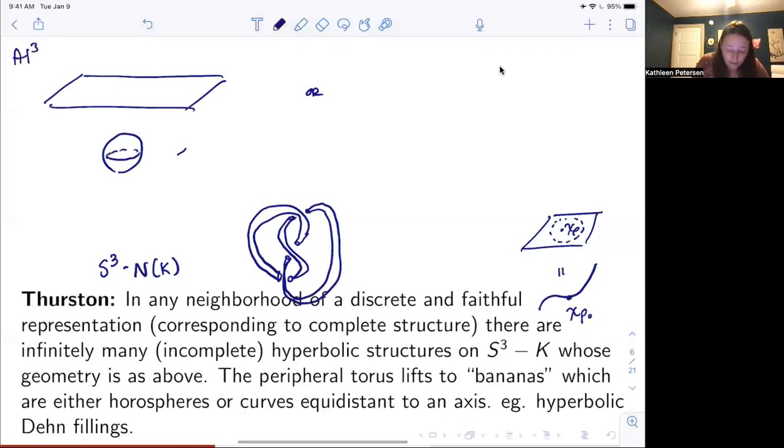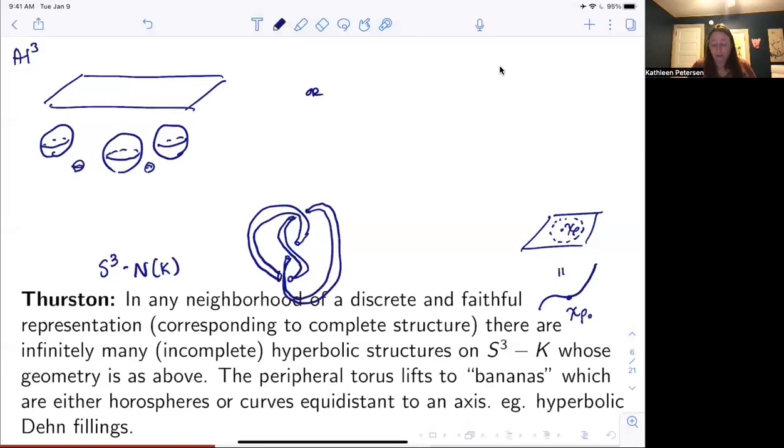And these all lift to other horospheres. So something very vaguely like that. And there are other representations that aren't necessarily corresponding to the discrete and faithful one that will lift to a picture like this.